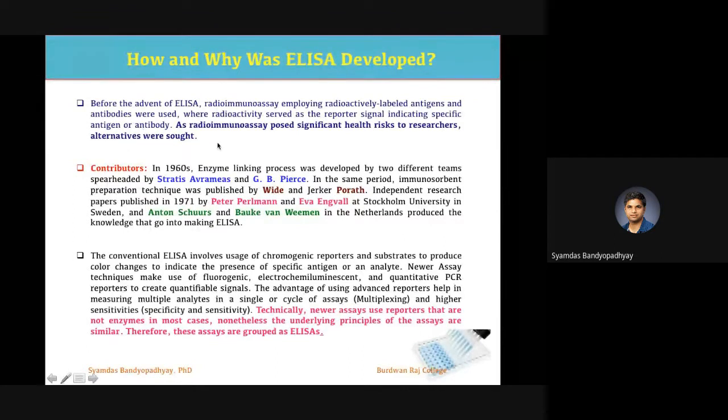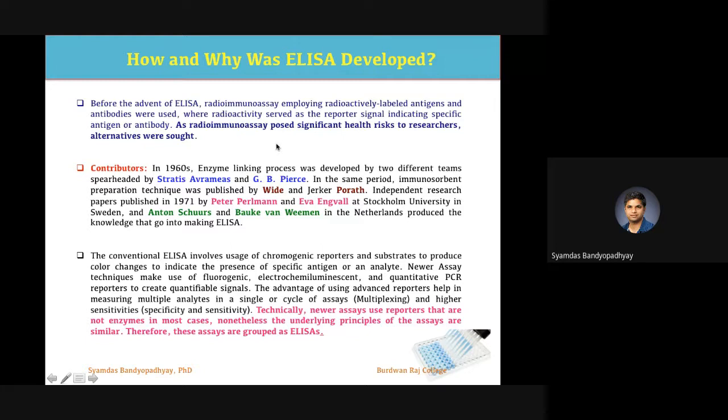So the alternatives were very much accepted, because you are using radioactivity, right? That might harm the experimenter, somebody who does the experiment, and it might also cause significantly negative effects to Mother Earth, because if you do not safely dispose of the radioactive waste, then it's a problem. So together they imposed a significant health risk.